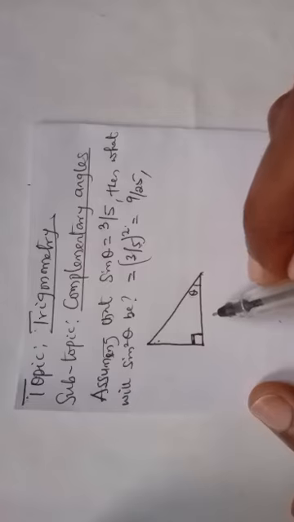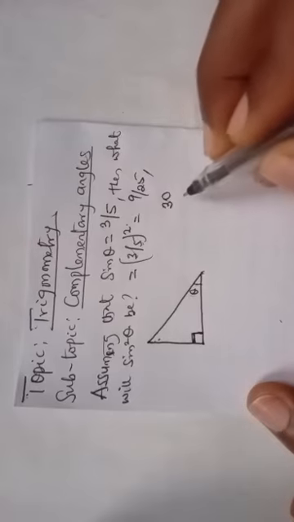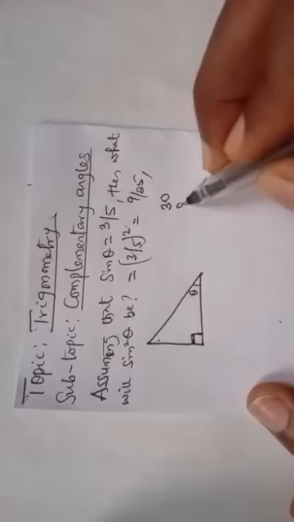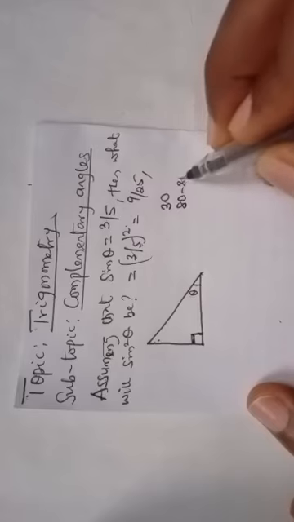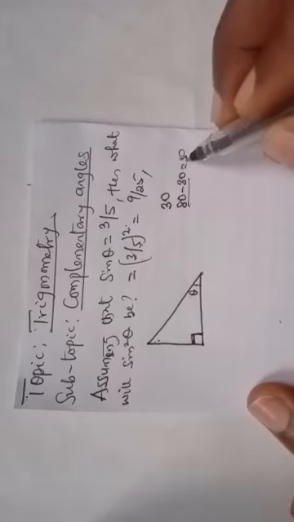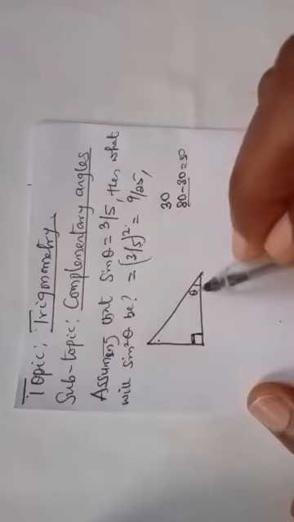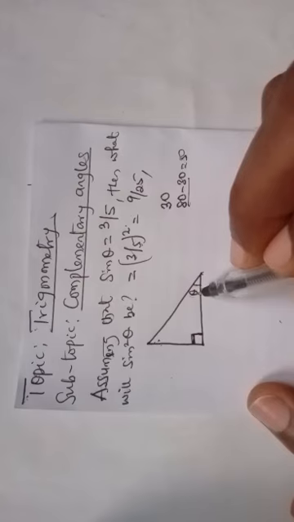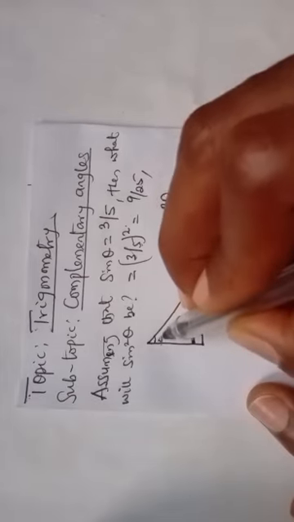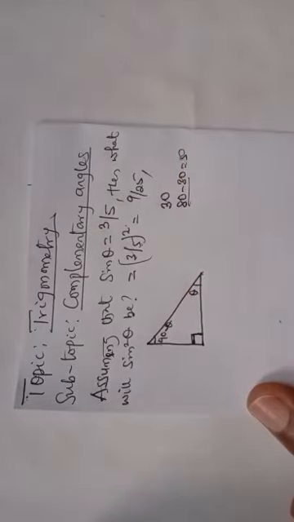The other person will be 80 minus 30, which becomes 50. So if here and here are complementary, their sum is 90 degrees. Here is already theta, so here is going to be 90 minus theta. All right, so that is that.